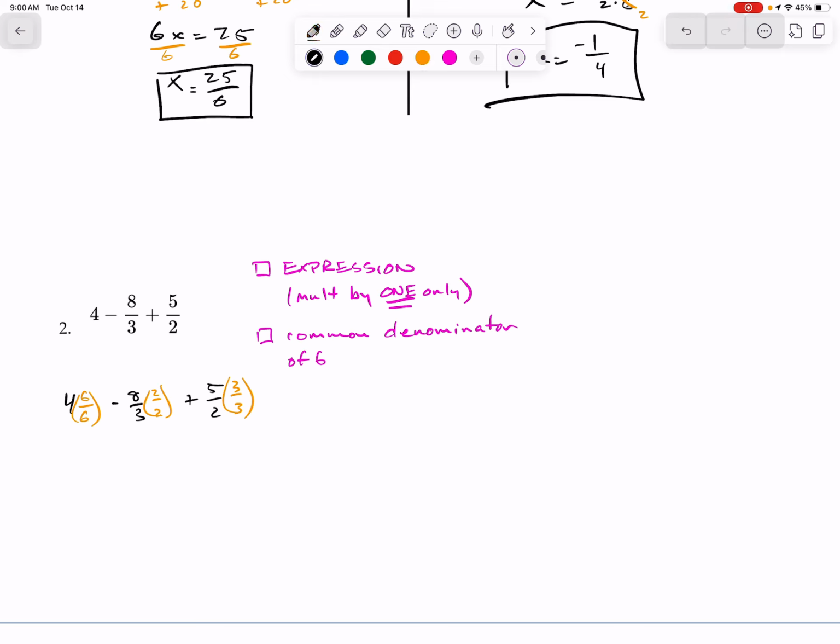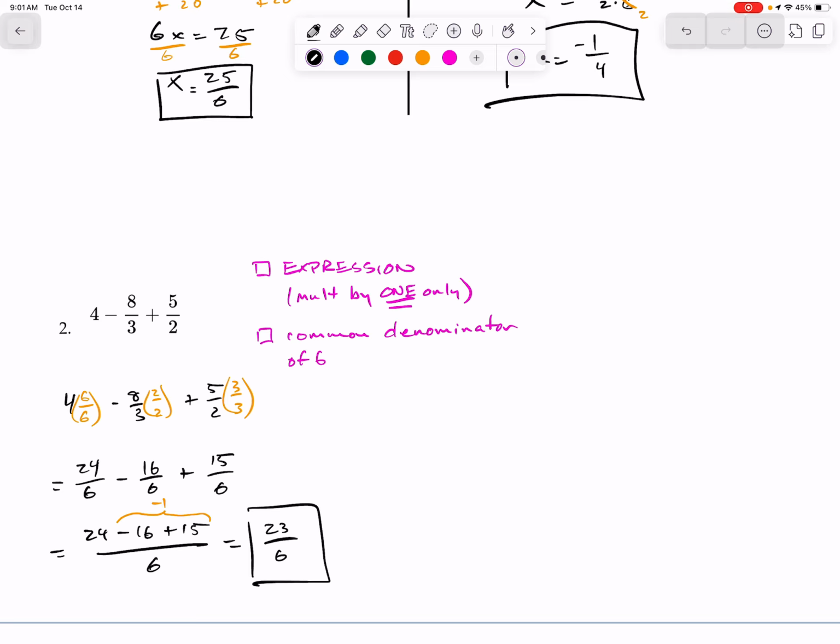So that we get 24 over 6 minus 16 over 6 plus 15 over 6 equals 24 minus 16 plus 15 all over 6. And so this minus 16 plus 15, I like doing that first. That's just equal to minus 1. So 24 minus 1 is 23 over 6. And we're done.